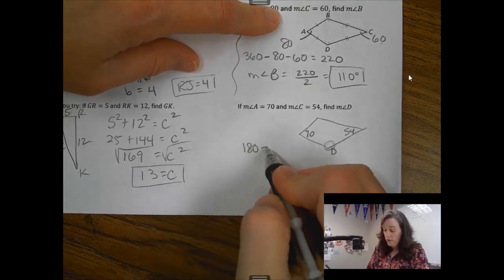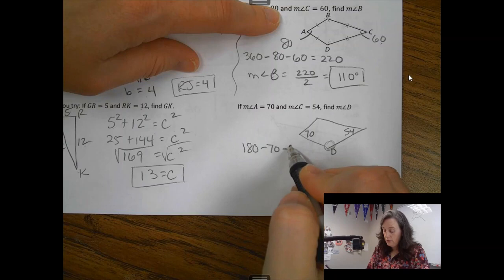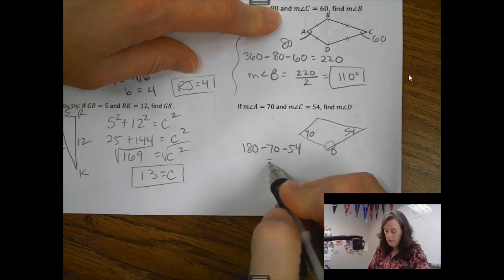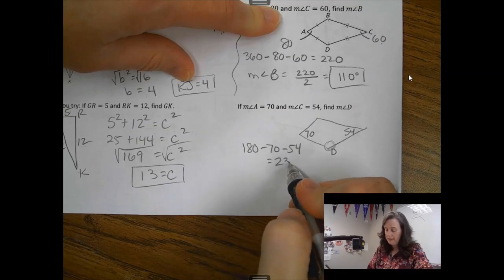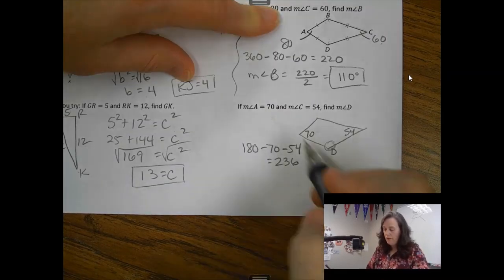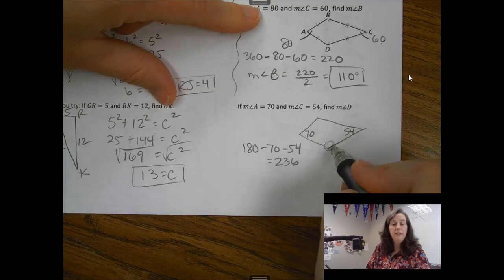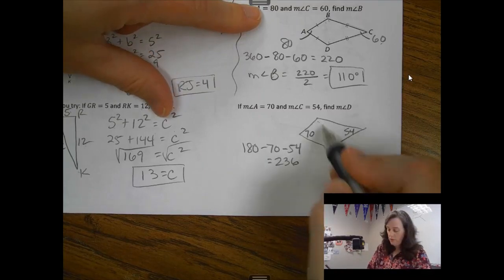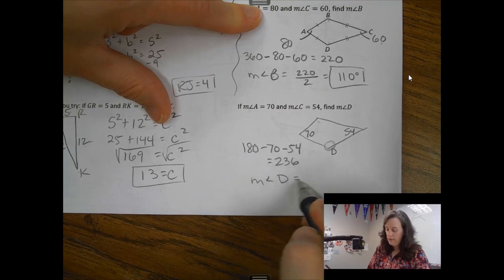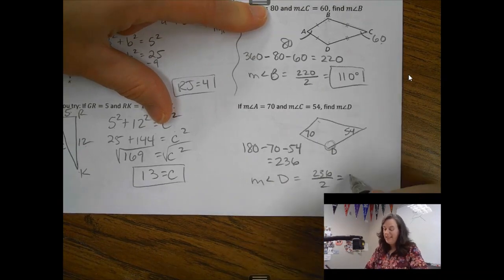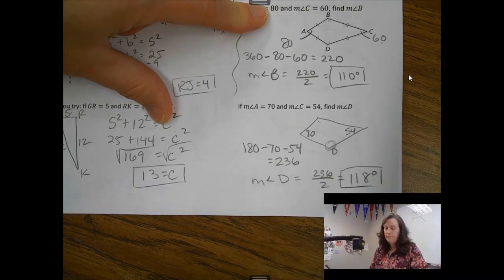So we'll do the same thing. 360, subtract the 2, and that is equal to 236. Okay, which is left to split between these two, and I only want the 1. So measure of angle D is 236 divided by 2, and then each one of those is 118 degrees.